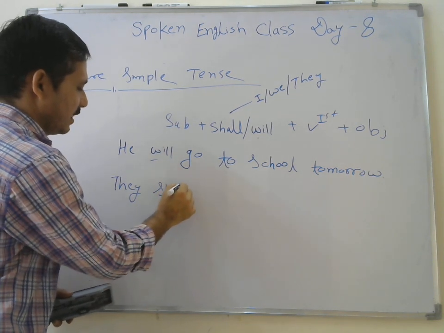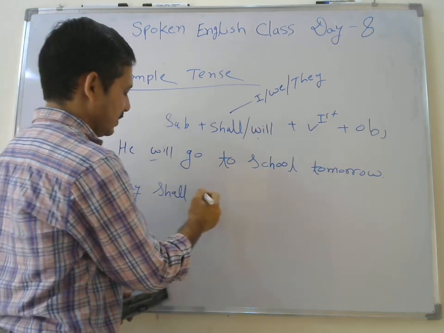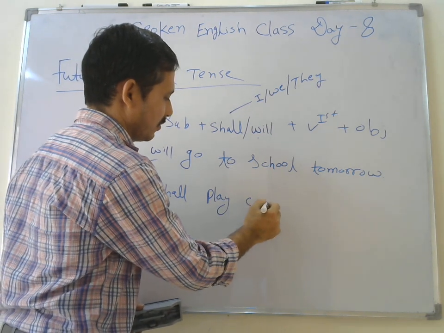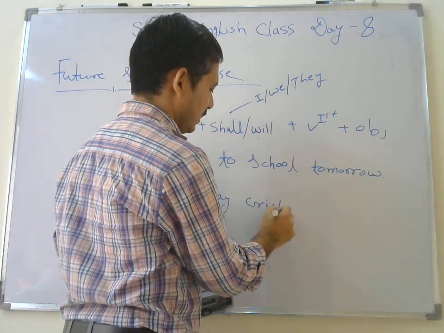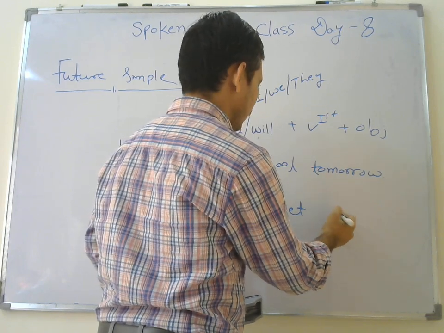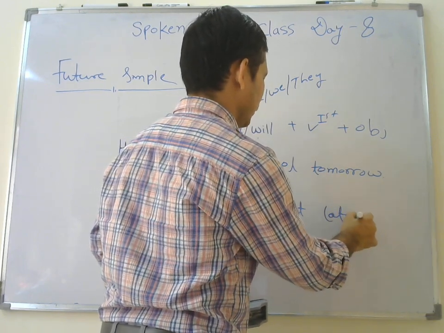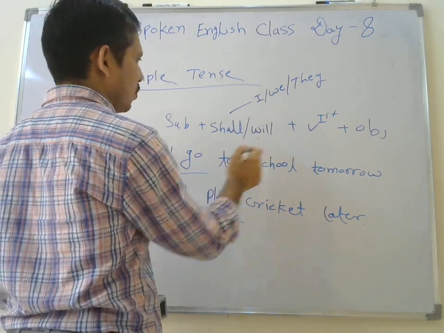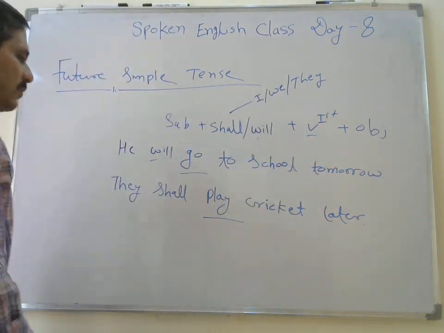They shall play cricket tomorrow. They shall play cricket later. You can use later also, tomorrow also. See here, play, go. All these are verb first form.